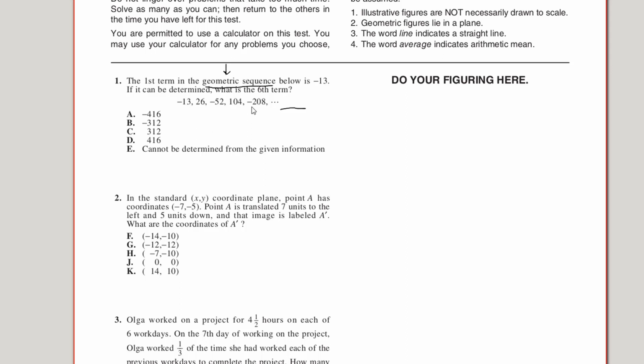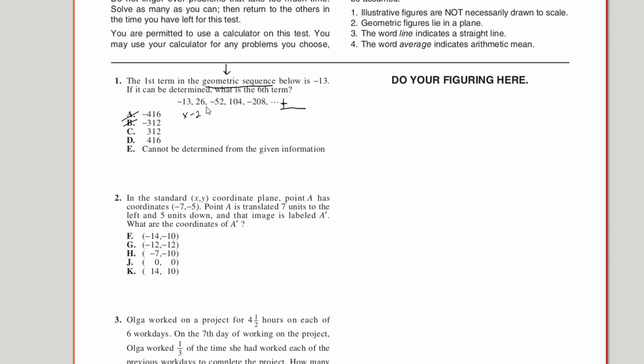If we take a look here, we can see the pattern is negative, positive, negative, positive, negative. So we know the 6th term is going to be a positive value, and we can already eliminate choices A and B. We need to find the value that we're multiplying by. To go from negative 13 to 26, we multiply by negative 2.